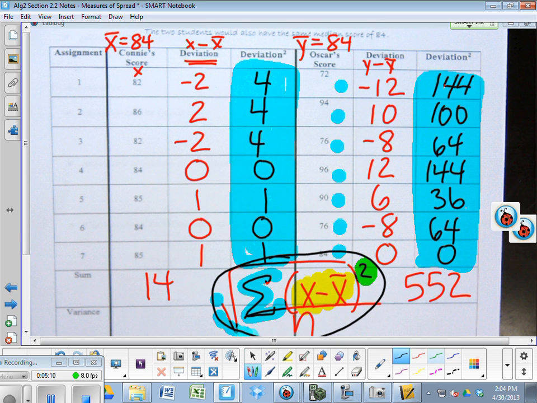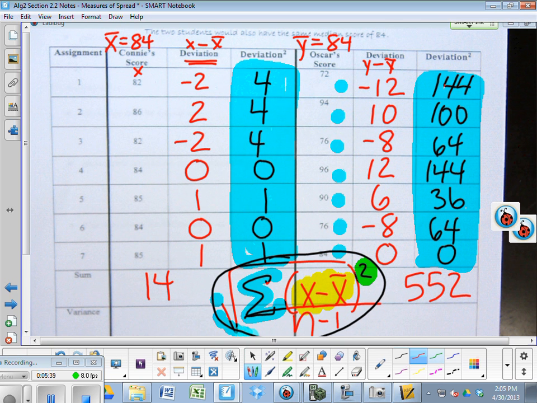Consider the two students whose scores for 10 assignments are listed below. Notice that Connie's mean score is 84 and Oscar's mean score is 84. Do you think this is a sampling of the 10 scores? Then we're going to use, yep, this is a sampling of the 10 scores. Okay, so we're going to divide by n minus 1.